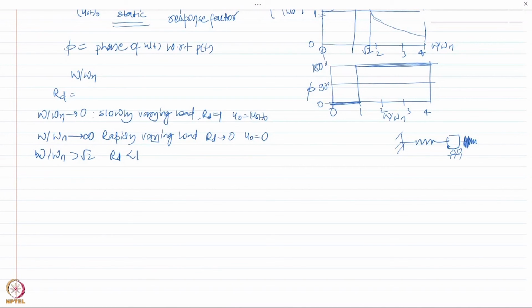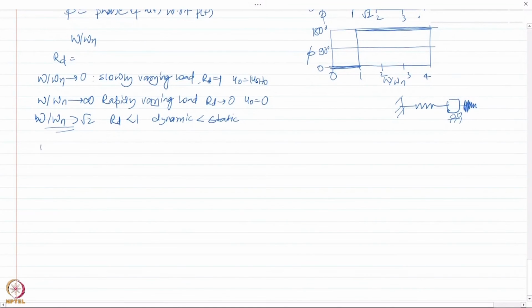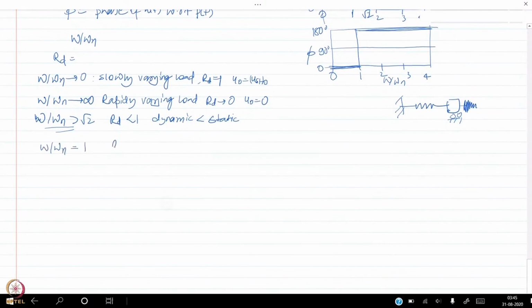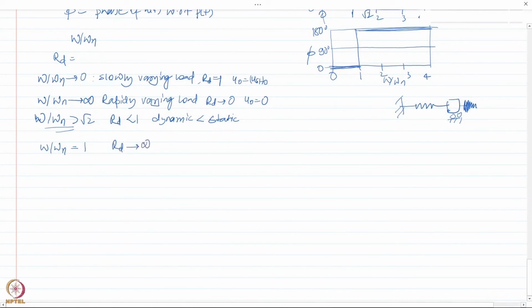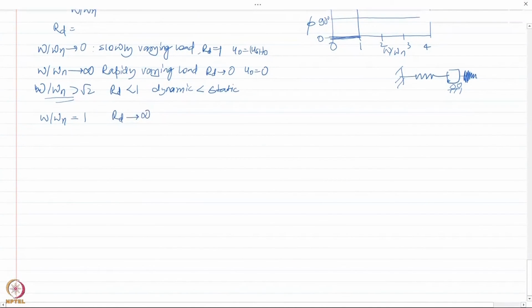So for omega by omega n greater than 1, dynamic is actually less than static. And of course, the case where omega by omega n is equal to 1, then RD approaches infinity. So the response becomes unbounded.